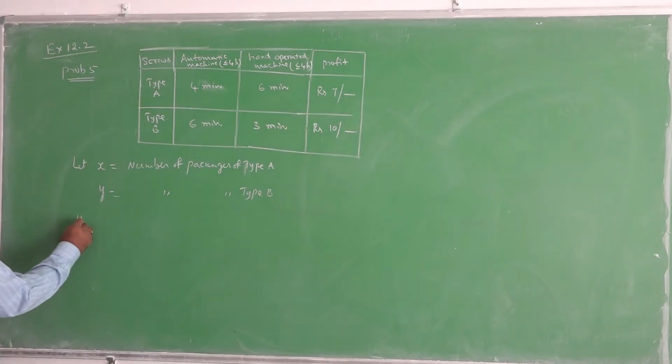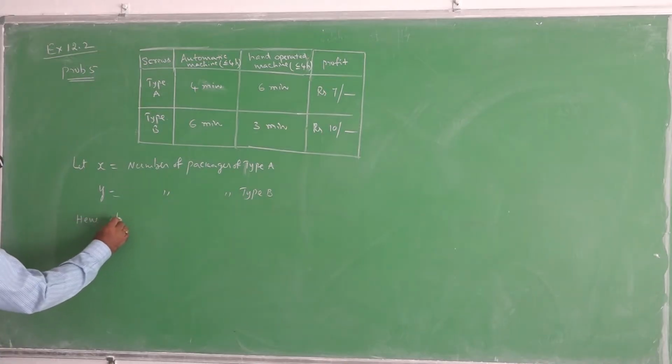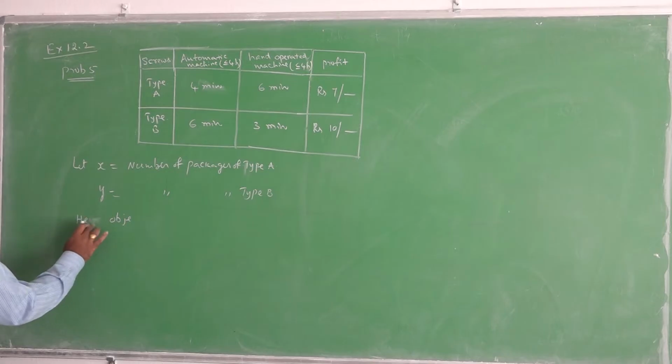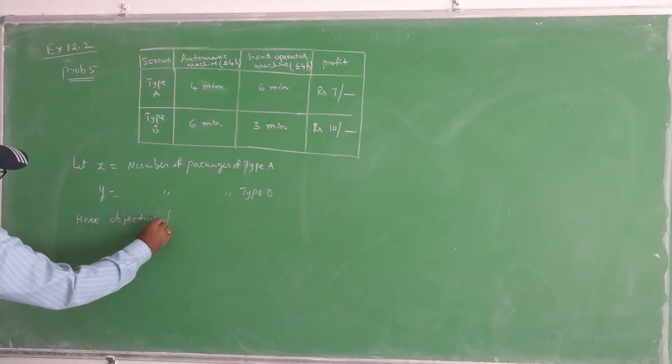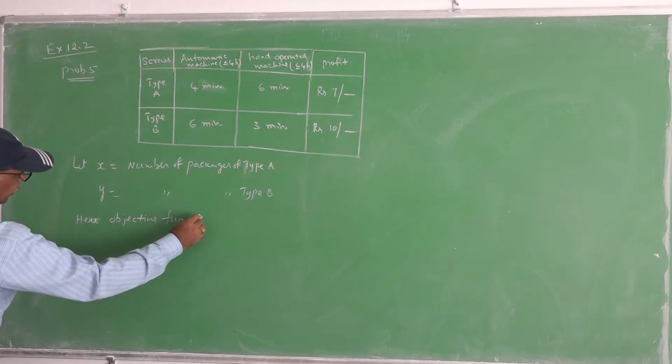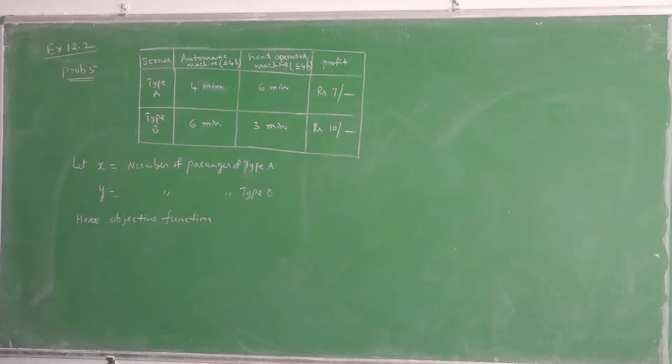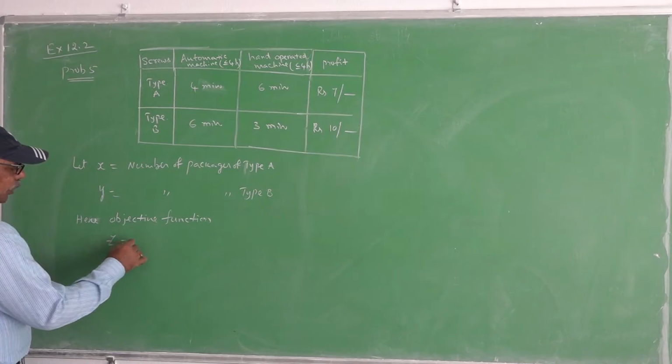Here the objective function is the profit function, because the profit is to be maximized; the optimization function is called the objective function.